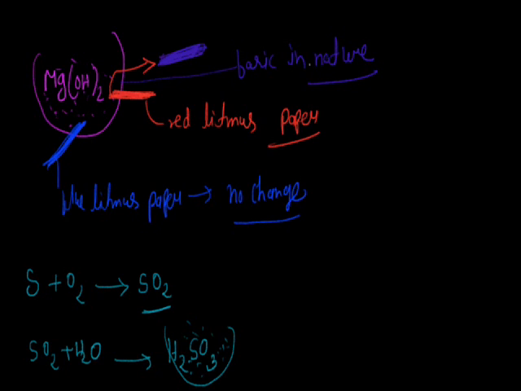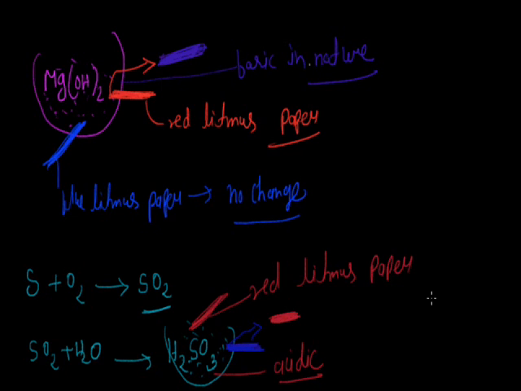If we use blue litmus paper, it turns red. It means this solution has an acidic property. Now if we use red litmus paper, there is no change.